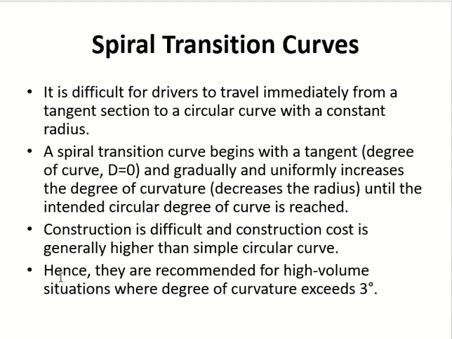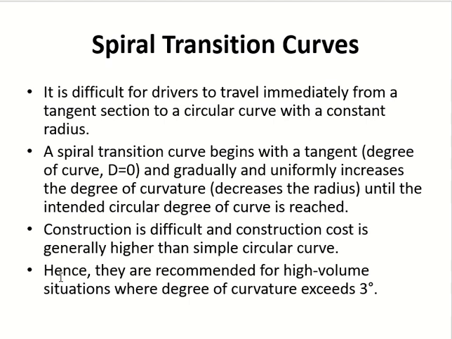Every point is changing slightly. And in the end, when you reach the circular curve, the degree of the spiral curve equals the degree of the circular curve. And because of 0 degree, yesterday I mentioned that the radius is infinity. Because the degree of the curvature is what? 0.